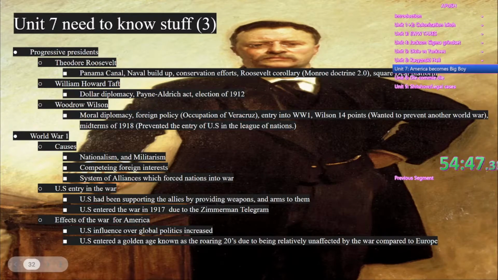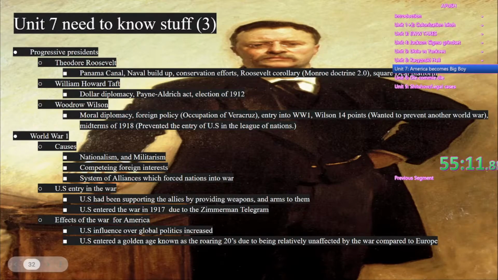The U.S. had been supporting the Allies by providing weapons and arms to them, but they were officially neutral and wanted to stay out of the fighting. However, because of the Zimmermann telegram sent by Germany, which encouraged Mexico to invade the U.S., the U.S. entered the war in 1917.